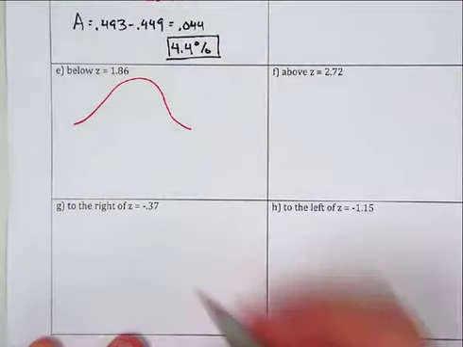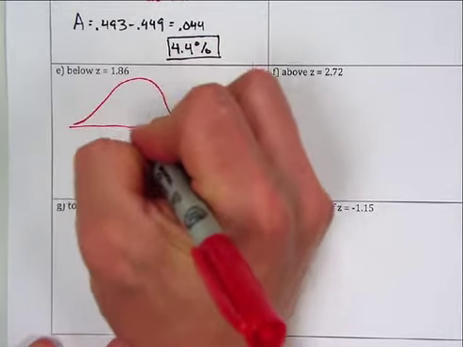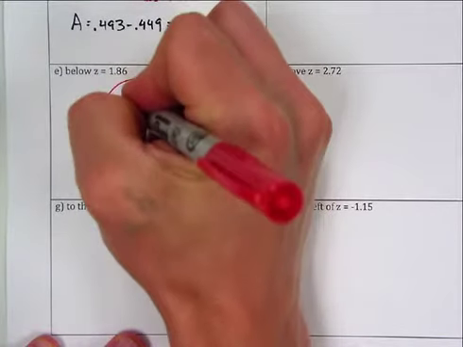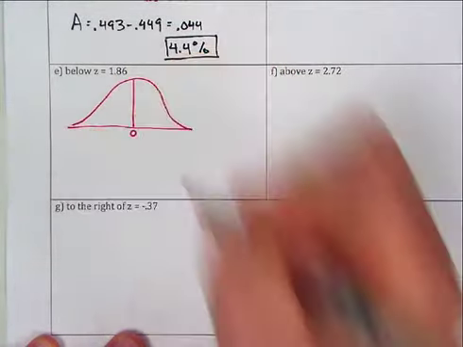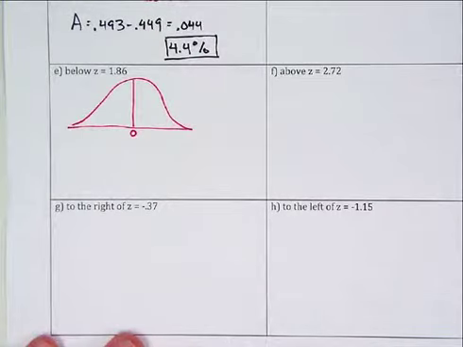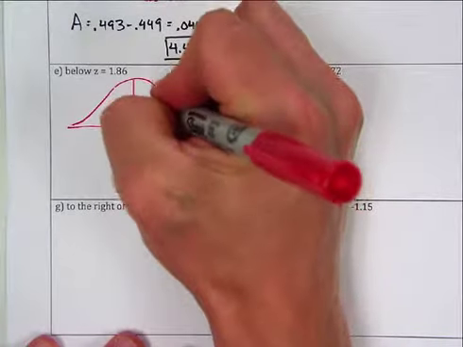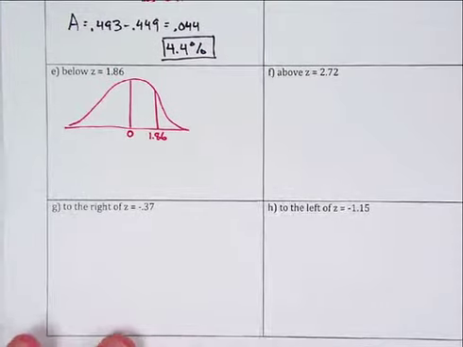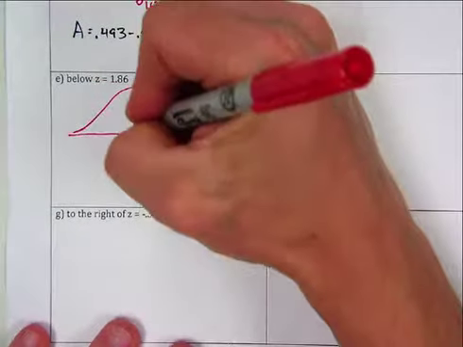So we're going to draw our curve. And our mean. 1.86 is above the mean, and we want below this.